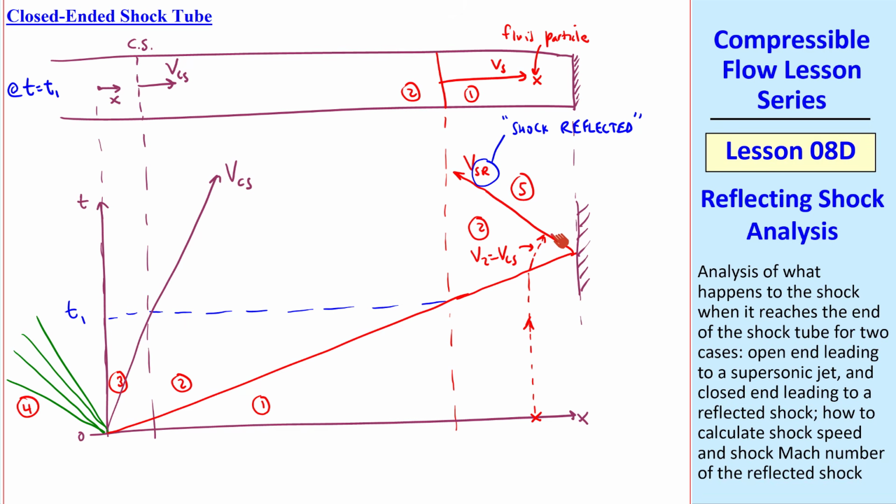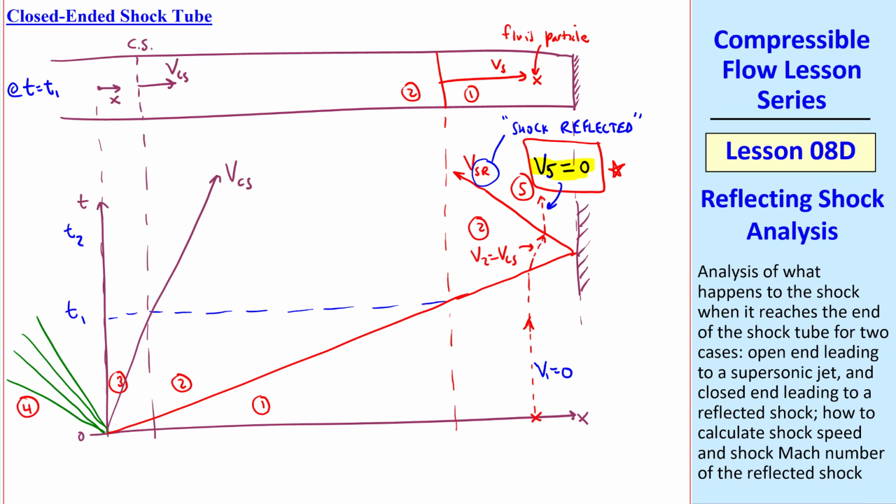But then it hits the reflected shock. Then what happens? Well, the key is that since this is a solid wall, V5 must equal 0. In other words, the gas is now stationary again, so the fluid particle on the x-t diagram is again vertical. In other words, 0 speed, just like it was 0 in region 1.